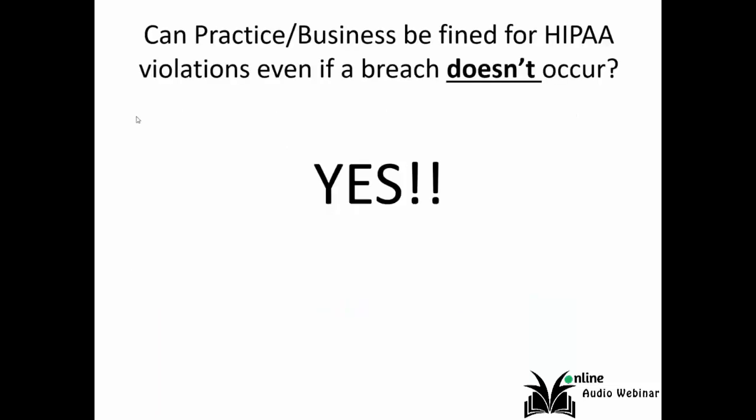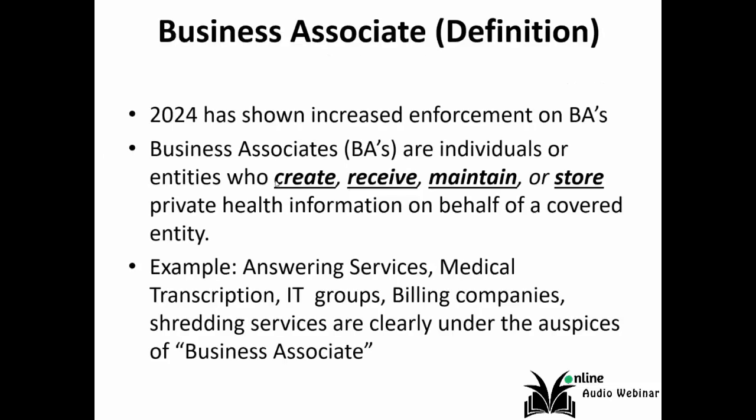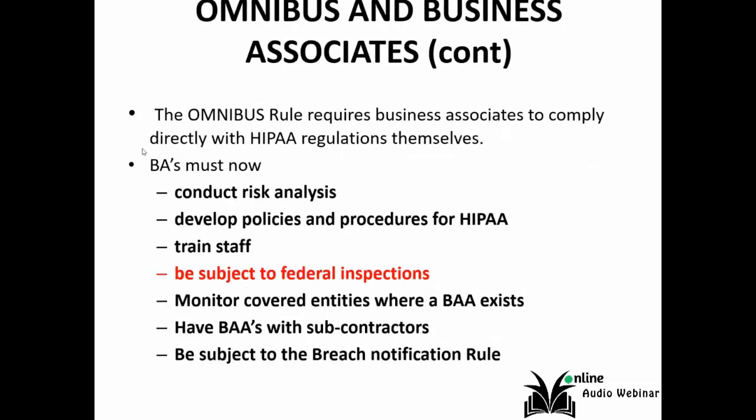All right, could we be fined for HIPAA violations even if a breach doesn't occur? Yes, because this is not just about securing the medical information, it's also about accessibility. All right, business associates. Business associates essentially are individuals or entities that create, receive, maintain, or store medical information on behalf of a covered entity. These days, business associates need to comply directly with the regulation.